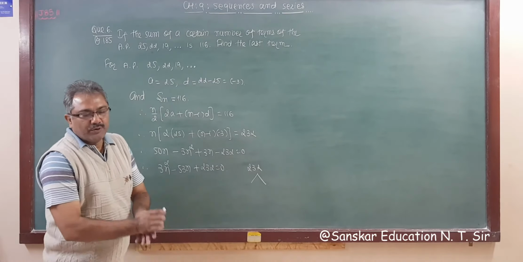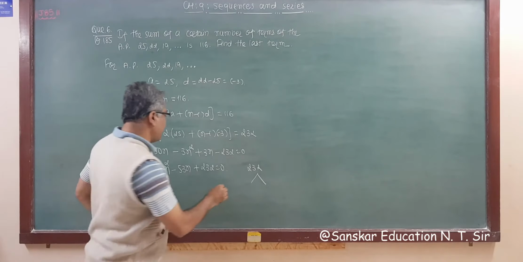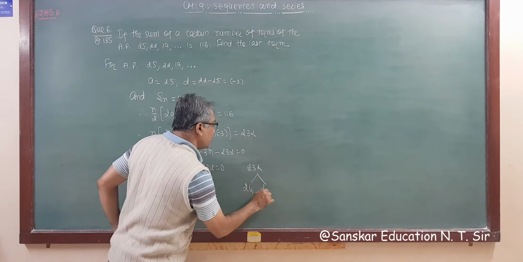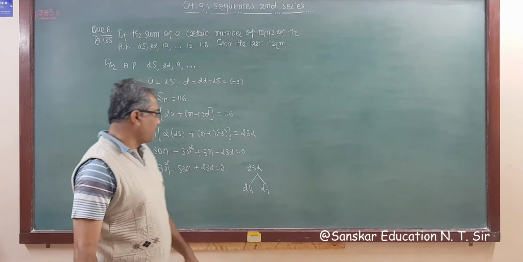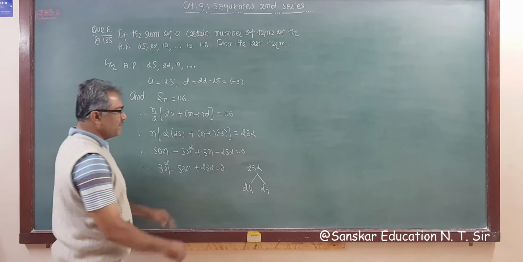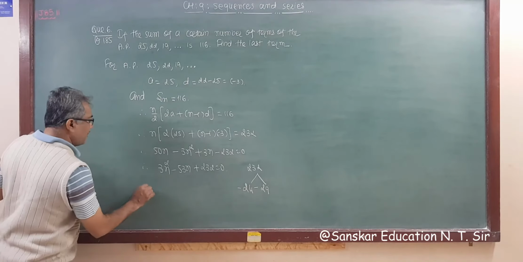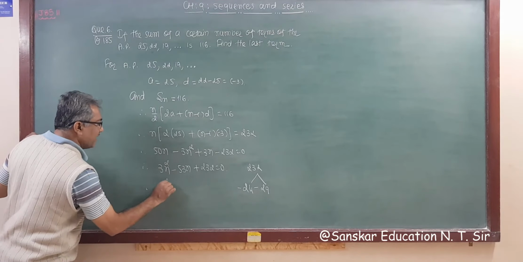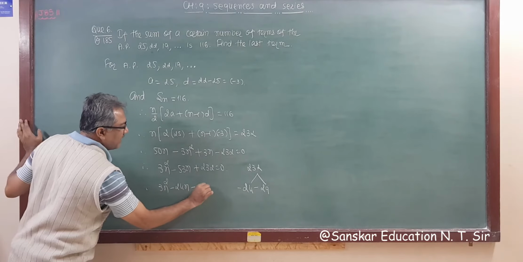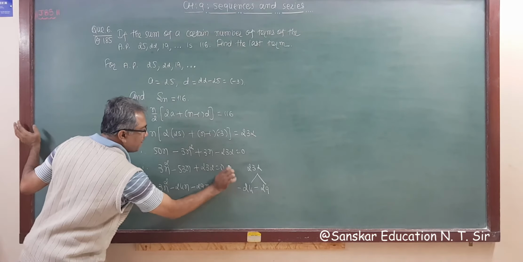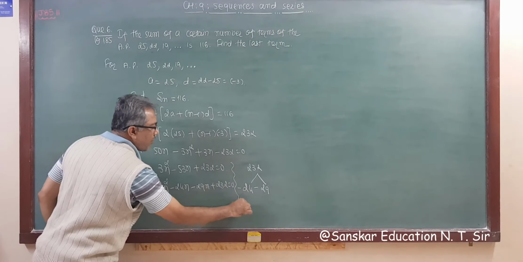So 232 means 24 into 29, I think. 24 plus 29 is 53. This is plus, so both minus, right? So we get 3n square minus 24n minus 29n plus 232 is equal to 0, right?